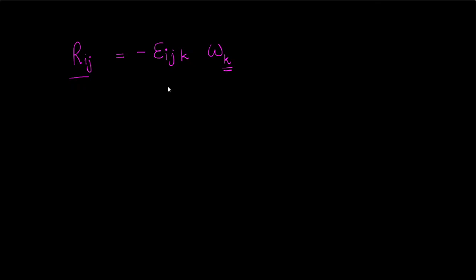Let us put down the values. Let us choose i equal to 1, j equal to 2, so naturally k has to be 3, because i equal to 1, j equal to 2 means in order to have a non-zero epsilon ijk, k must necessarily be 3. So let us write down that expression.